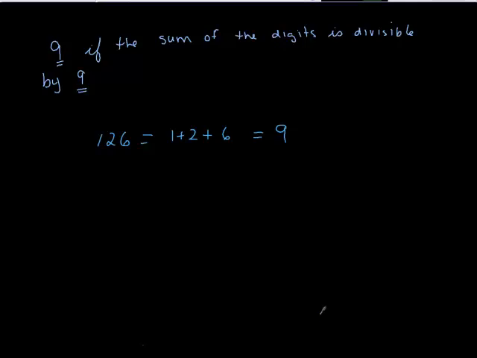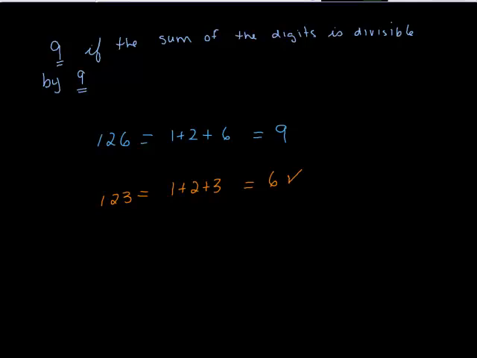But because I almost did the wrong question, let's look what happens here. What about 123? 1 plus 2 plus 3. 1 plus 2 is 3 plus 3 is 6. So this number is divisible by 3, but not by 9 because 6 is not divisible by 9.